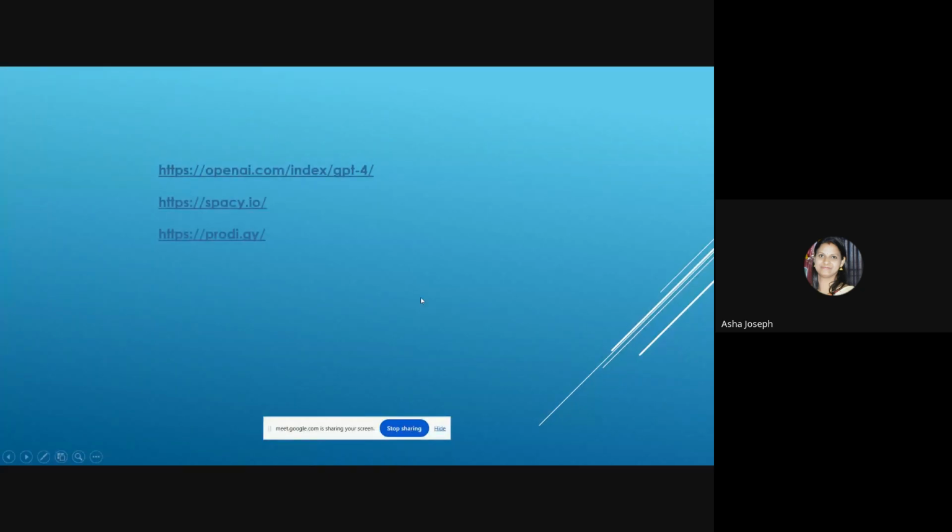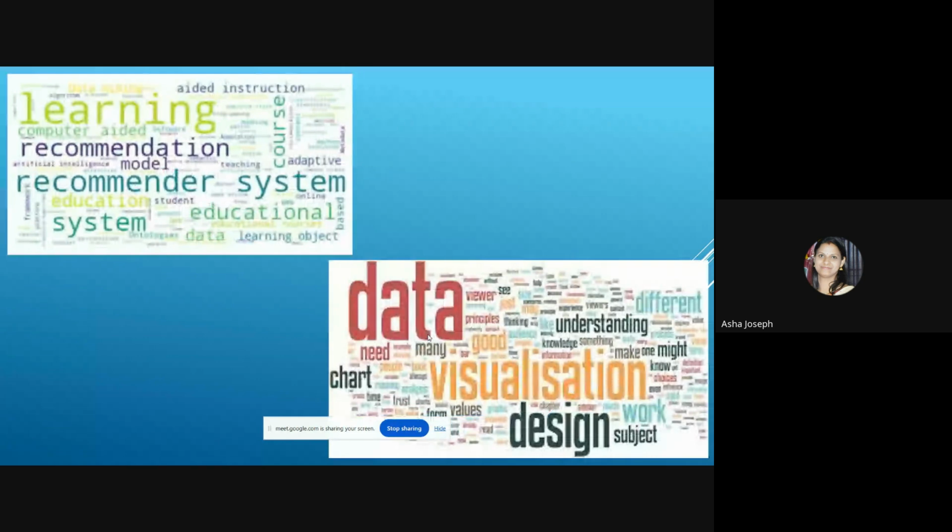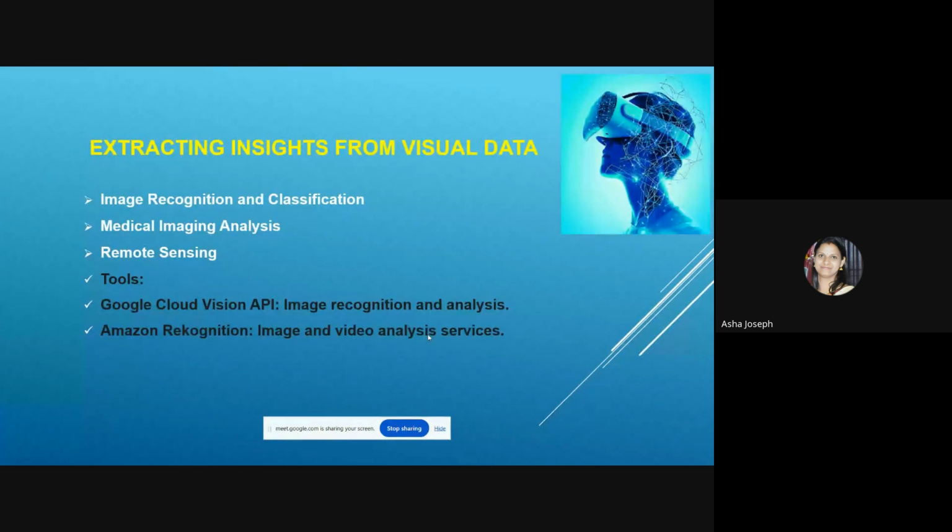Okay. So that was about our text analysis and language understanding. Now coming to the next point. See, this is how you will be getting the outputs if you are searching for recommendation systems and sentiment analysis. Okay, now coming to extracting insights from visual data. Those are the ones some of the researchers are more interested in.